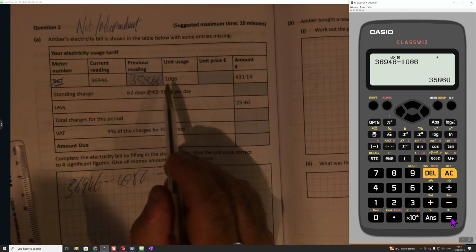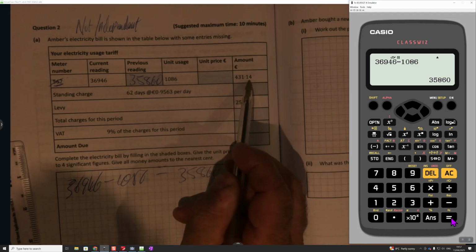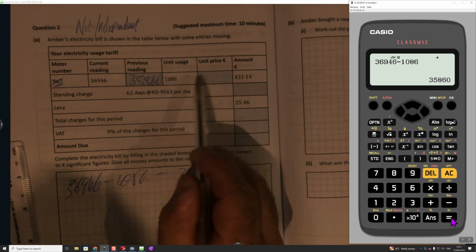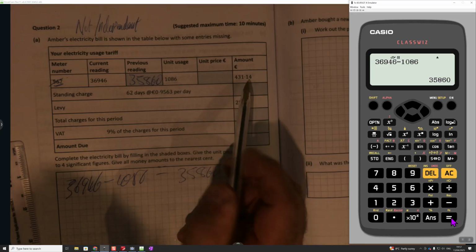Okay, now we know that this number of units cost this amount of money, so we can get the unit price by dividing 1086 into 431.4.